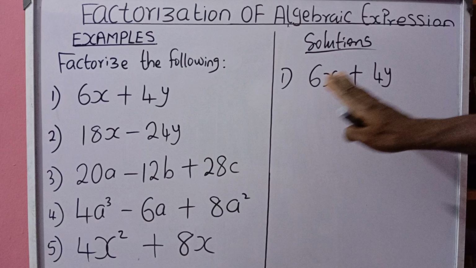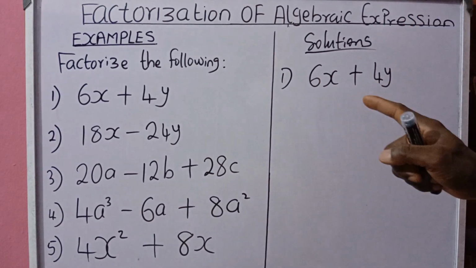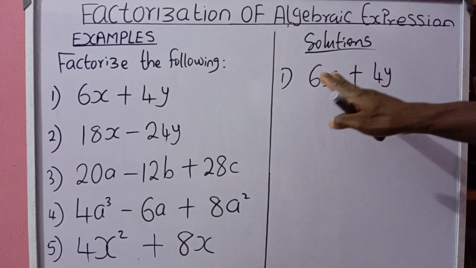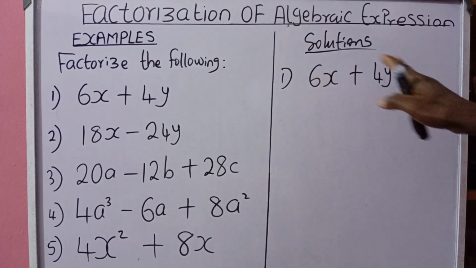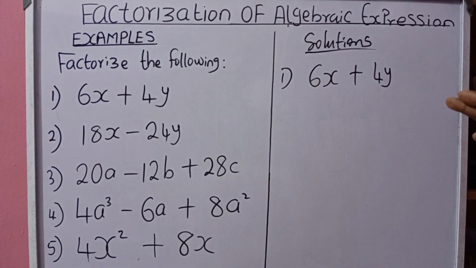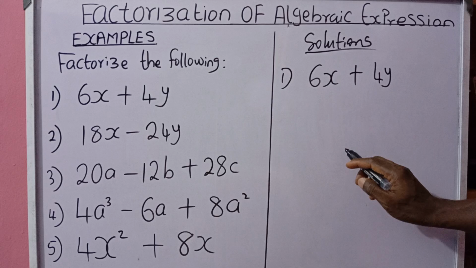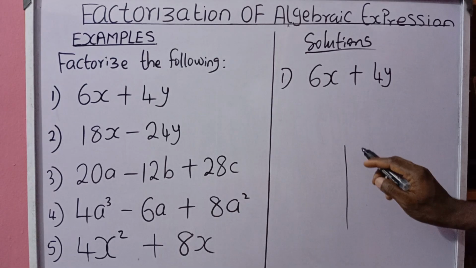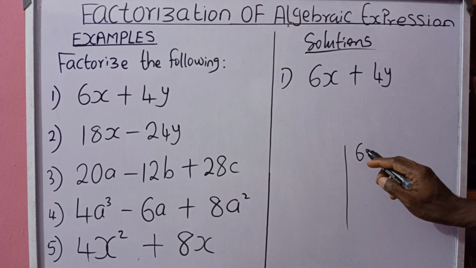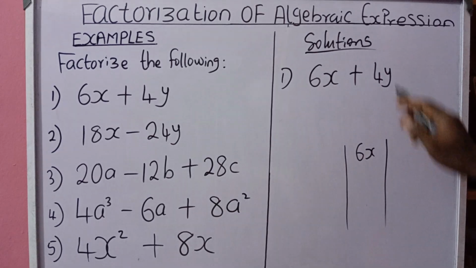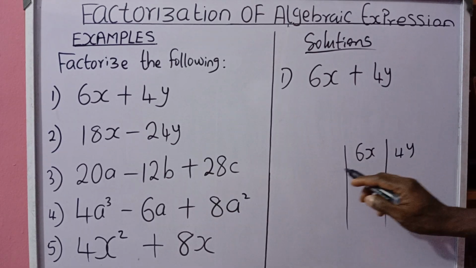The simplest way of understanding this, the first thing you do is to know the highest common factors the expressions involved in that particular question has. All right, so now look at what we're going to do here. To get the HCF of the two of them, that is the HCF of 6x and 4y.